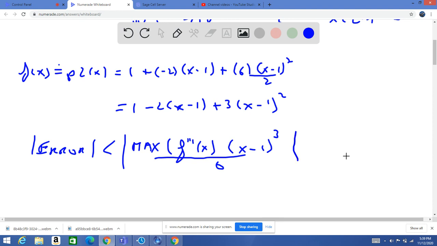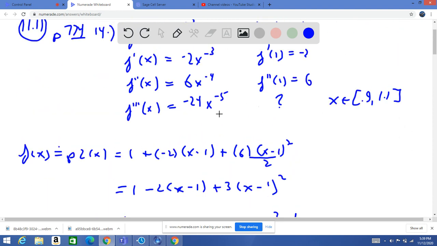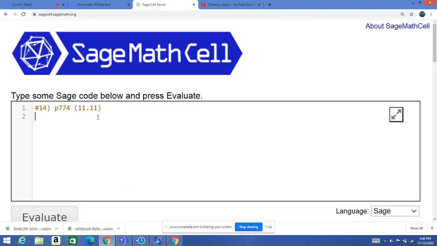All right, so let's find the max of the third derivative, which is negative 24 over x to the 5th, I think. Is that a decreasing function? It's approaching 0. It's actually increasing from below y equals 0, isn't it? Let's just confirm that. So let's say f triple prime is negative 24 x to the negative 5, or negative 24 over x to the 5th.